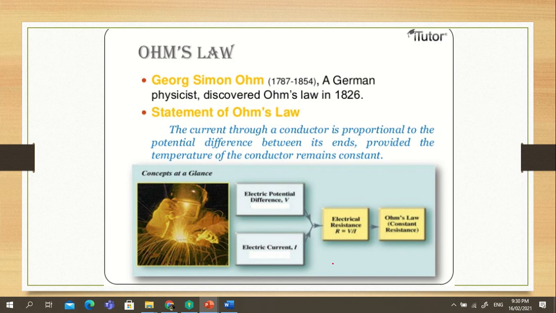So here's the statement of Ohm's law. The current through a conductor is proportional to the potential difference between its ends, provided the temperature of the conductor remains constant. So the condition here, class, is that the temperature of the conductor remains constant.